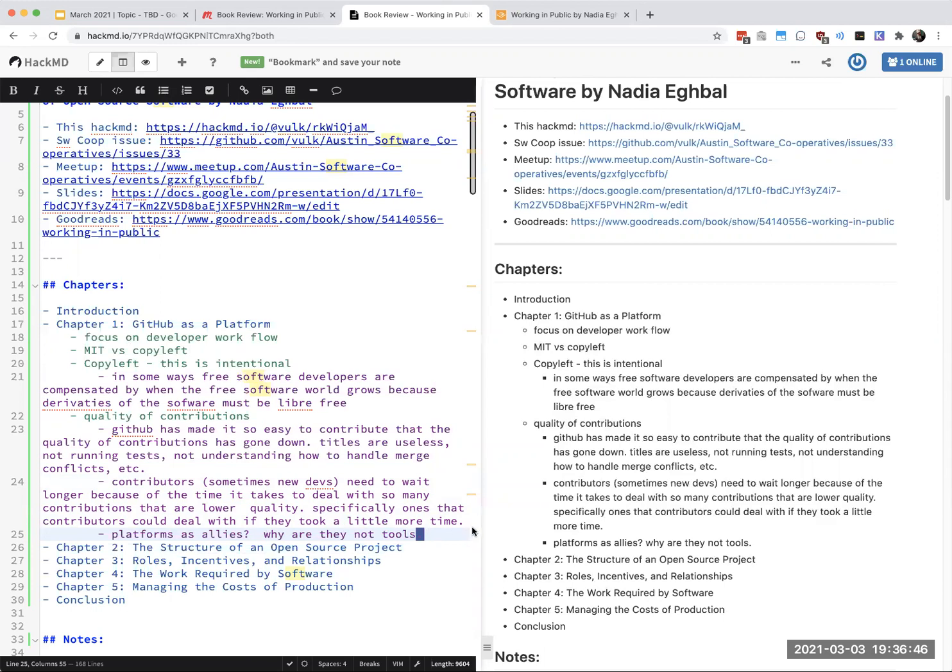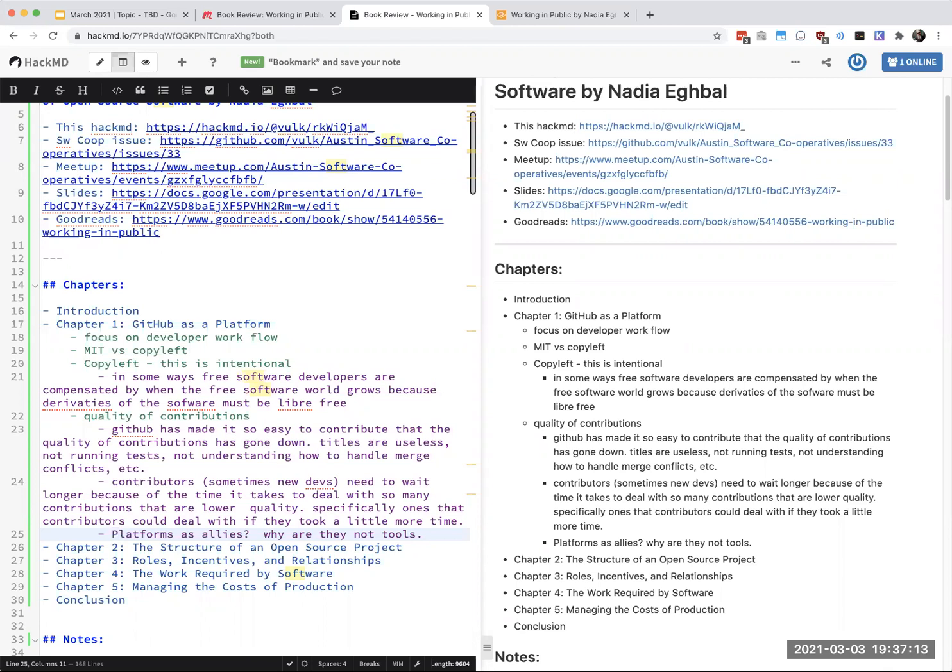Platforms as allies was one of the comments. Part of the viewpoint, and it doesn't stay that way, but from my perspective in the first introduction, chapter 1, seemed a little bit biased towards how you extract business value and make it sustainable, keeping it long-term sustainable. I think that's part of the problem.